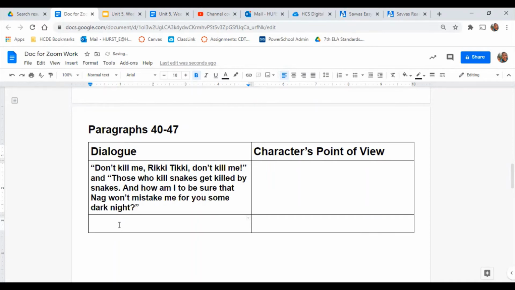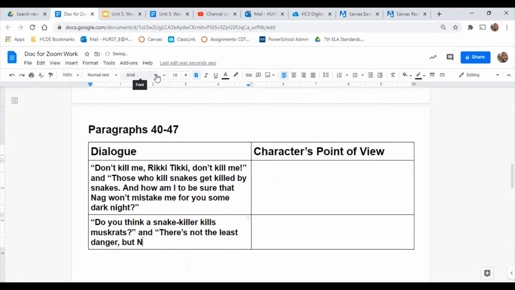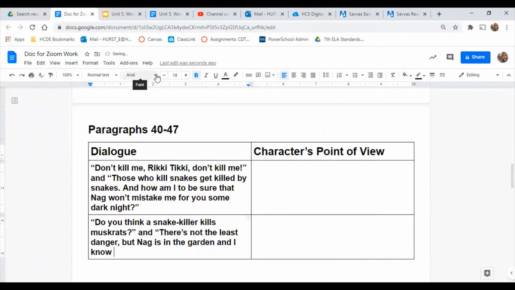So those are the lines that Chuchundra says. On the other hand, Rikki Tikki says, "Do you think a snake killer kills muskrats? And there's not the least danger. Nag is in the garden. I know you don't go there."